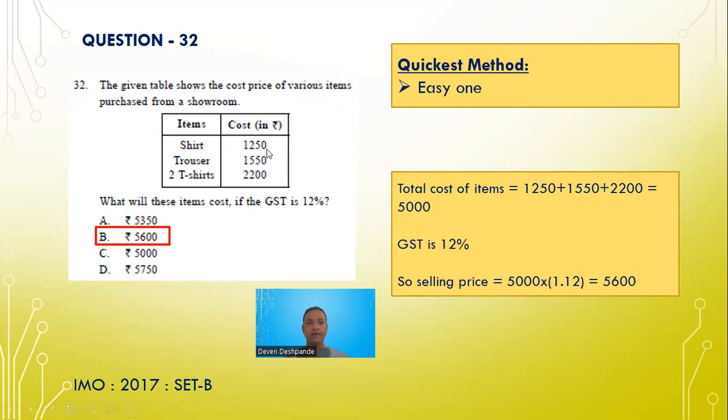Total cost of all the items 1250 plus 1550 plus 2200, 5000. And GST is 12%. What do you mean? GST is over the cost, you pay additional tax 12%. So its selling price becomes 5000 into 1.12, isn't it? Because it is added over 5000. 5000 into 1.12, which is 5600. So the answer is 5600.